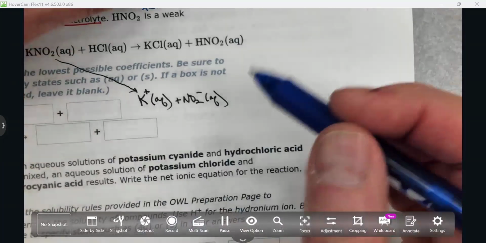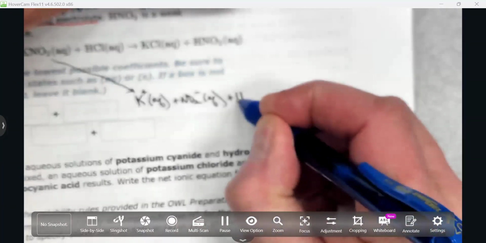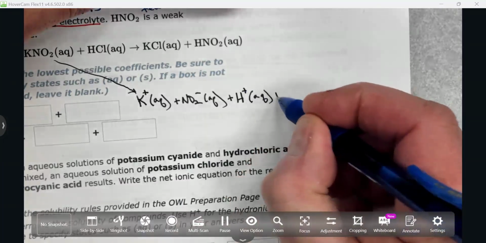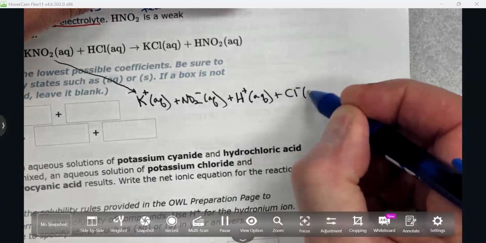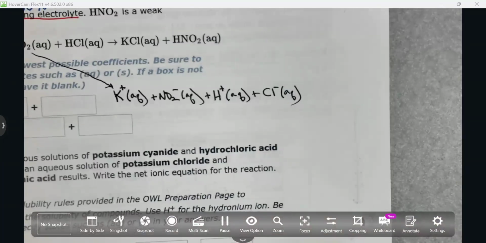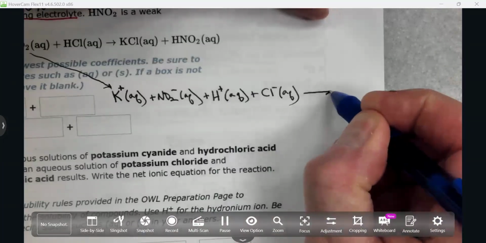HCl. This is going to split up. We're going to get H plus aqueous and Cl minus aqueous. Arrow.